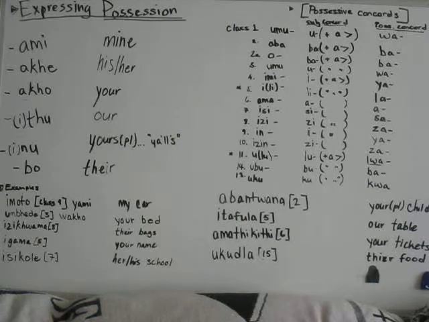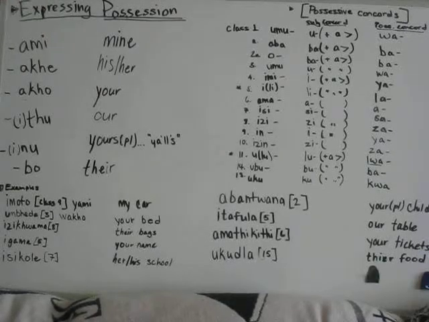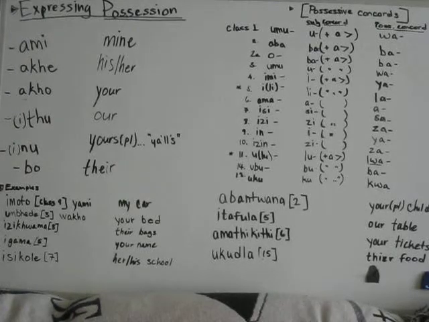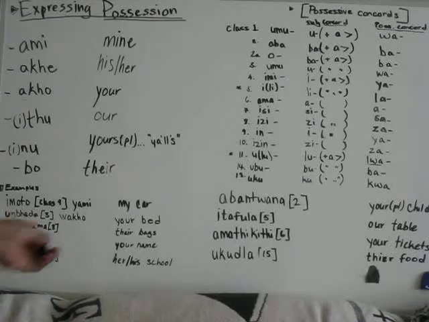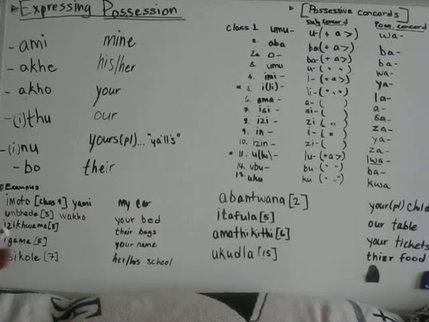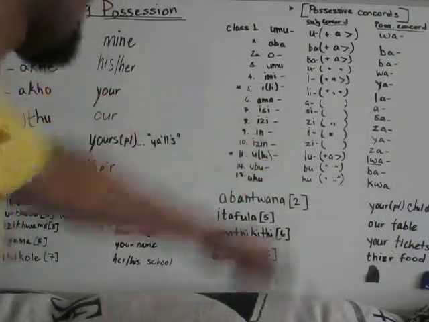Umbede. Noun class 3. Umu. So you have umbede wako, your bed. Next word we have inkwama, and what we're trying to say is their bag. Easy kwama. So we look and we see that easy is class 8.